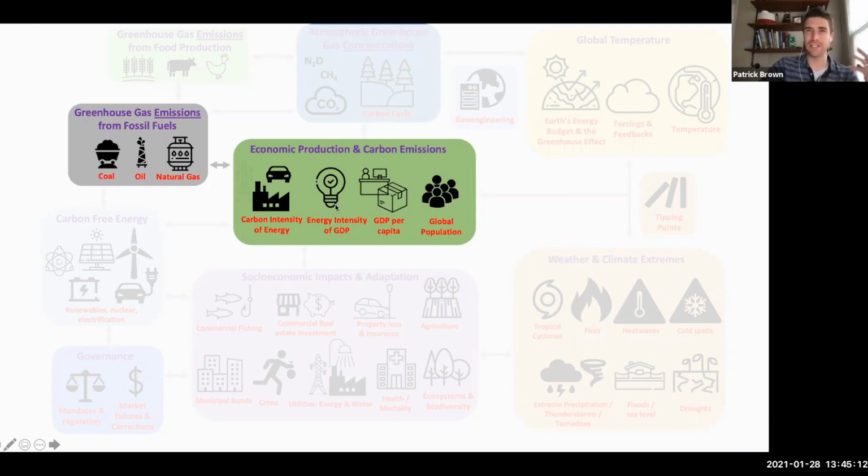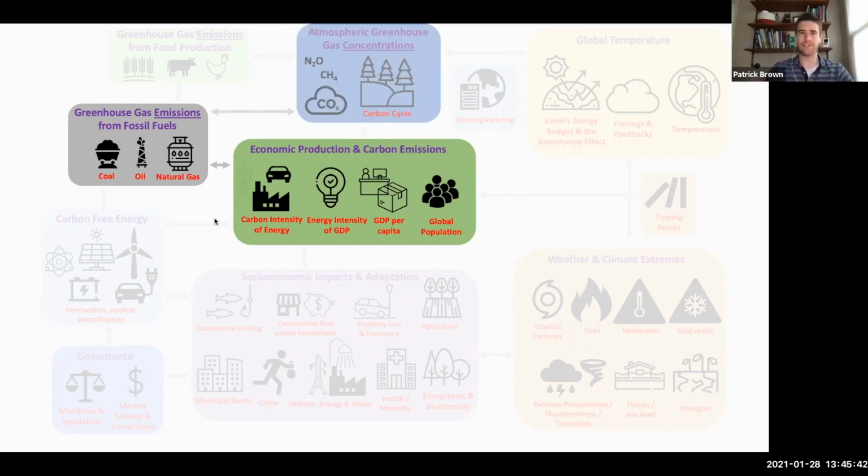We have energy intensity of GDP, which means how much energy it takes to produce a given unit of goods and services. And then we have carbon intensity of energy, which is how much CO2, how much greenhouse gas pollution, is emitted per unit of energy. So if any of these things go up, then we expect more greenhouse gases to be going into the atmosphere.